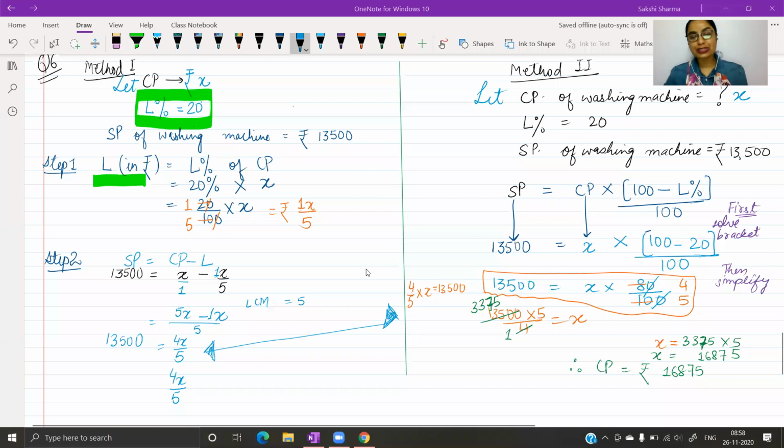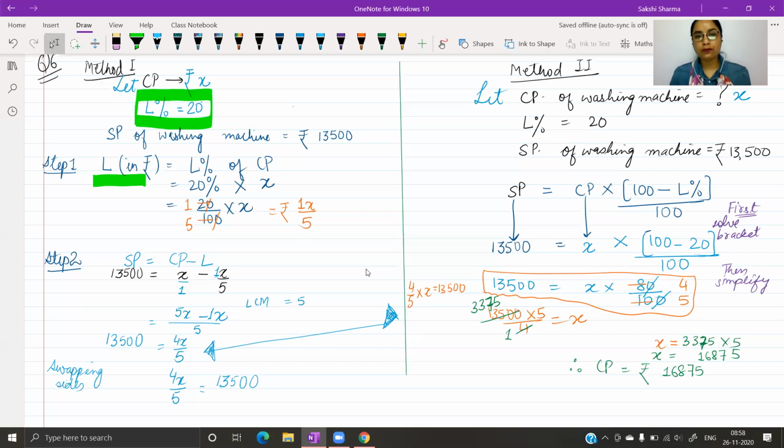The values which contain X, I'm going to write those on left-hand side, and the value which does not have any variable, means the constant, I'm going to bring it to the right-hand side. This is like swapping the sides. So I am just swapping the sides. Right-hand side becomes left-hand side becomes right-hand side. I think now you can solve and you will get the same answer as you obtained in second method.